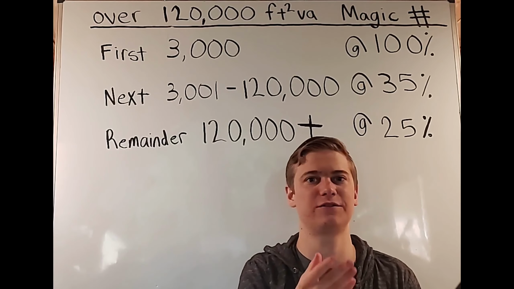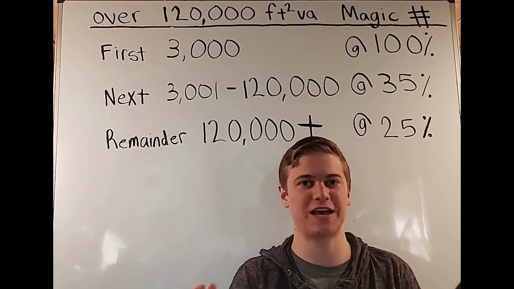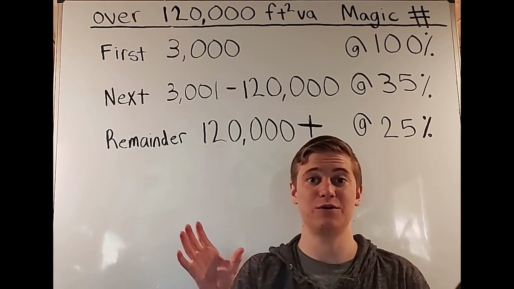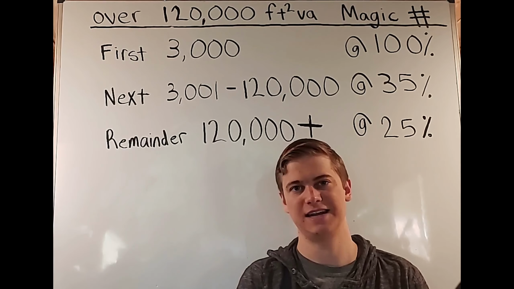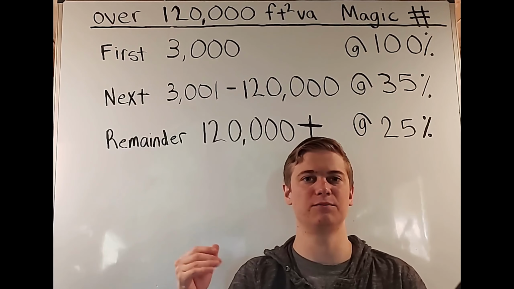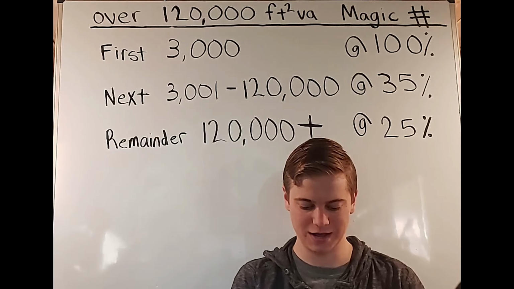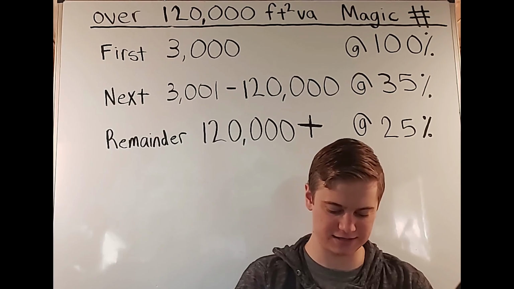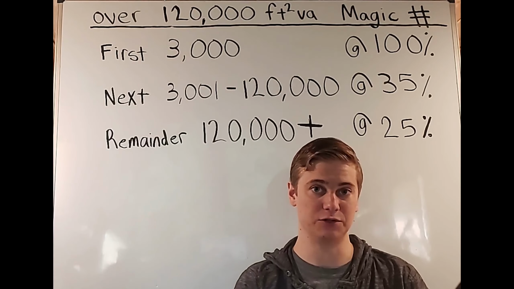And then I'm going to give us a number that's bigger than 120,000, and we're going to solve for that, and we're going to see how the magic number is going to be very helpful. It's less of a number that you're going to memorize, and more of a number that you're going to recognize. You're going to see it, it's pretty simple, and you're going to know, okay, yeah, that is the magic number. And you can also solve for it very quickly to double check at the same time.